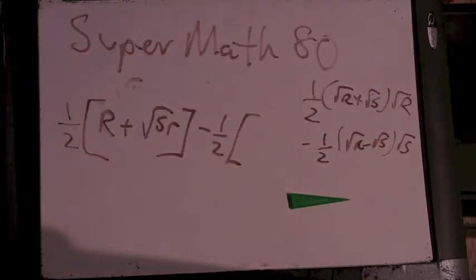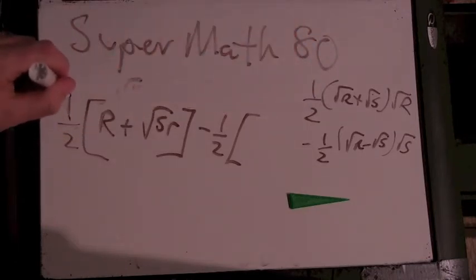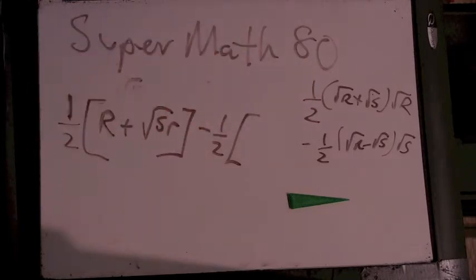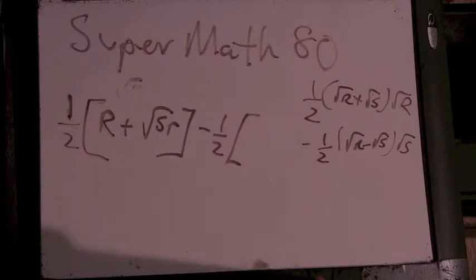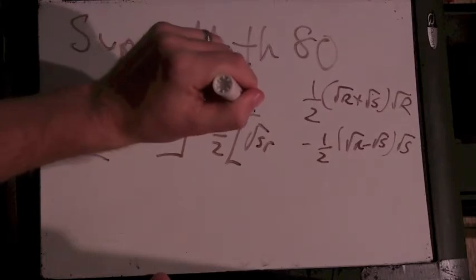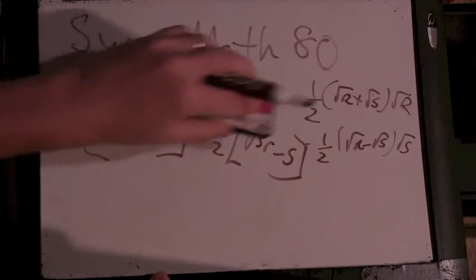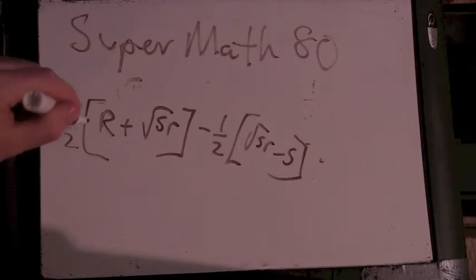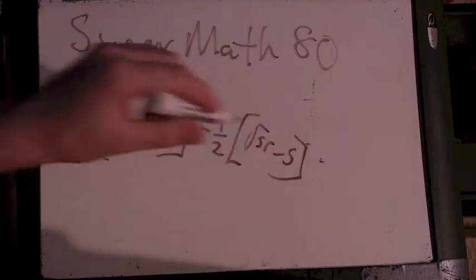What do I get when I multiply this out? Wait, didn't you factor the 1/2 out? Oh, sorry. You're right. I was wanting to ignore the 1/2 for a second, but now I changed my mind. I'll pay attention to them. Sorry for being confusing. So, this is the square root of SR minus S. Okay. So I have 1/2 r plus the square root of SR minus 1/2 times the square root of SR minus S.